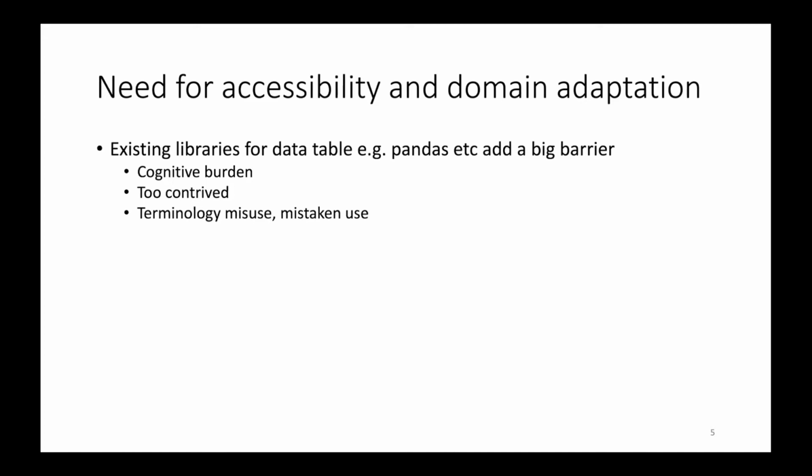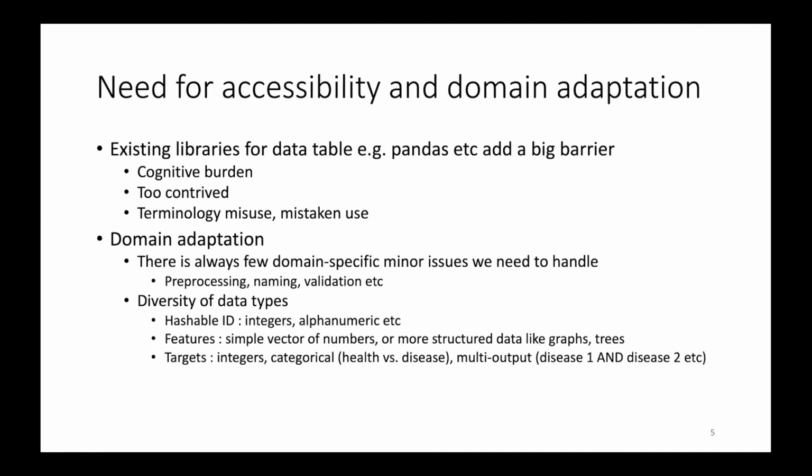Terminology is confusing sometimes, leading to mistaken use. And often you need a little bit more adaptation for your own domain in terms of how you name and validate features and values, and how you deal with the different types of diverse attributes you're dealing with, right?